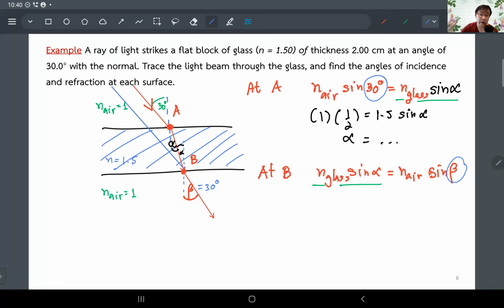When the light goes through a slab of material, it gets shifted, depending on the thickness of that slab of material. But in conclusion, the beta must be 30 degrees, just like before. Okay, and that is pretty much the first example of how to apply Snell's law.